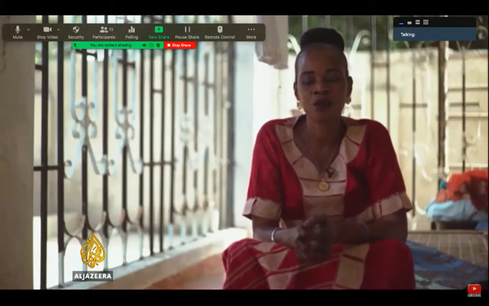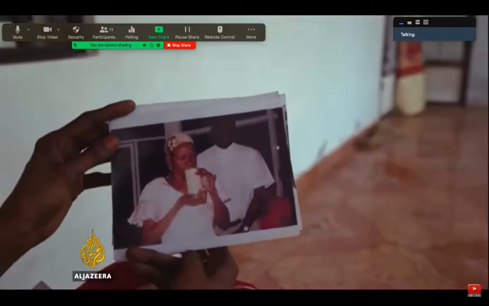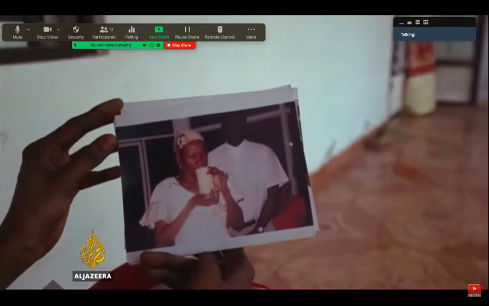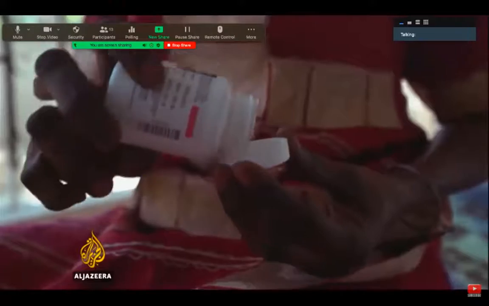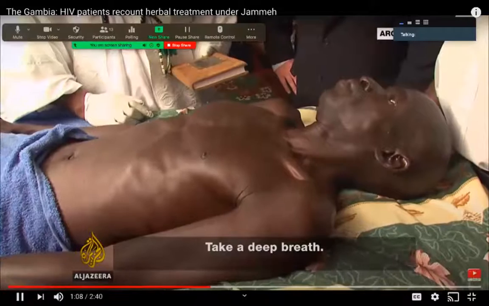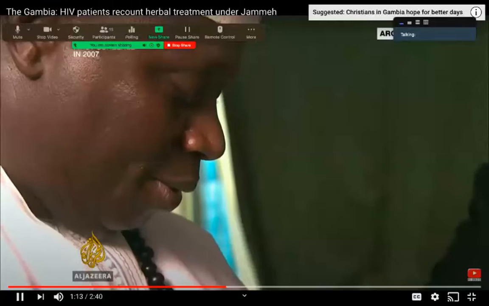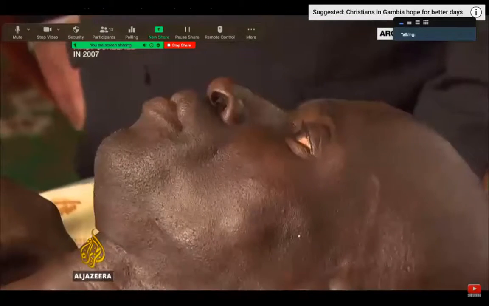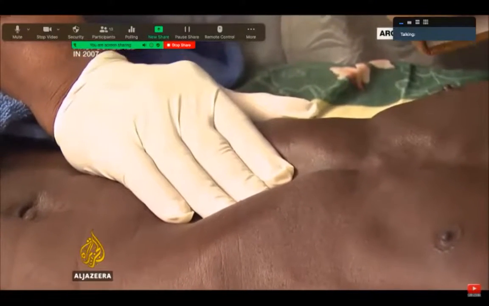And during that time, you cannot just leave, because if you leave, it's another problem for you. Jammeh was accompanied by military men who made sure the patients took their medicine. Eventually, he discharged her, saying she was cured. In fact, Diatta was close to dying. Medical doctors gave her antiretroviral drugs to fight the illness. Yahya Jammeh and Health Minister Tamsir Mbao experimented on hundreds of HIV-positive men, women, and children. In 2007, the former Gambian president showed Al Jazeera how he cured them. That man has since died.